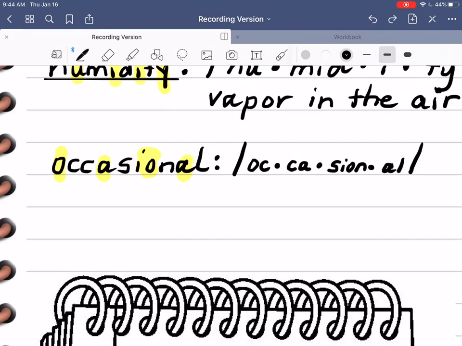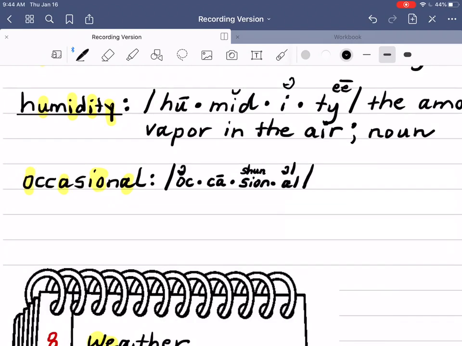Actually, let's make him schwa. K, and this says shun. Occasion, ul. Occasional. Occasional. That's a tough word. It's 4 syllables, so it is a hard word to deal with.